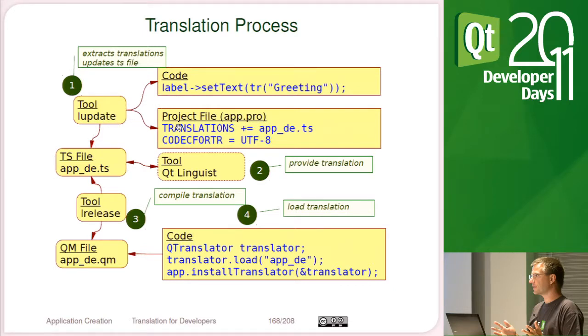So we have done the lupdate, we have generated the TS file, we used Qt Linguist to fill the TS file with translations. We have run the lrelease to generate the binary version of the TS file, and now it's up to us to load the correct translation file into our application. And therefore we have to add the right translator.